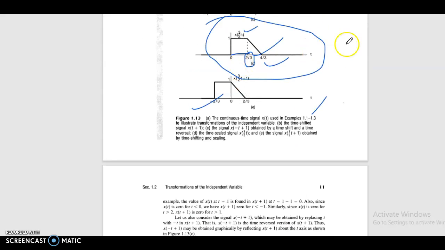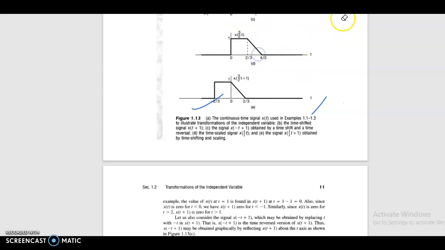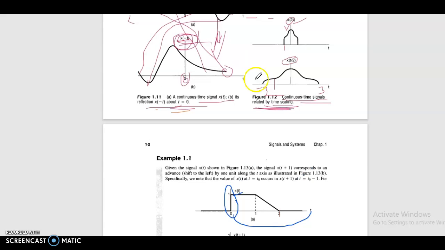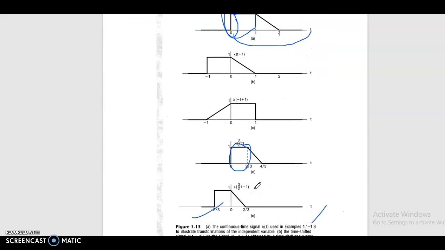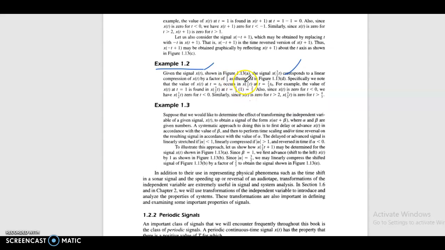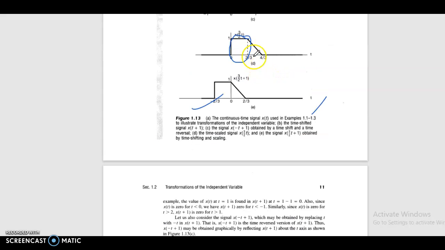Happening here, this one at 2/3. What is happening here? At t equal to 2/3 t0, this one.